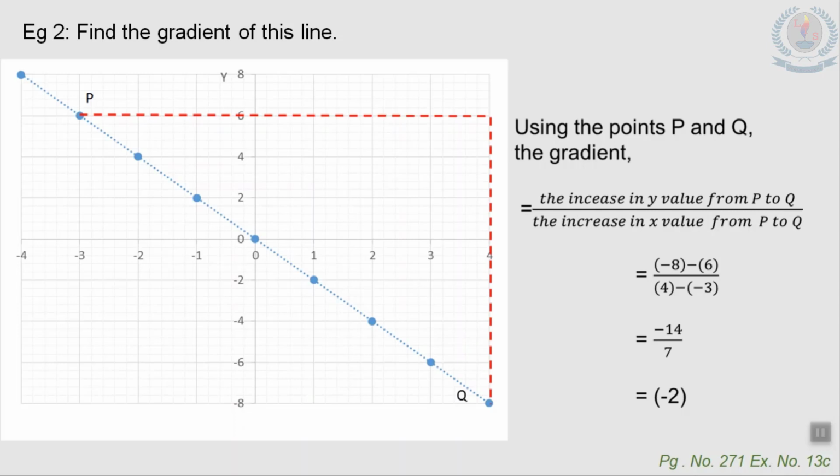Divide it by the increase in x value from P to Q, 4 minus minus 3, which is equal to 7. Then here the gradient is minus 14 divided by positive 7, equal to minus 2.